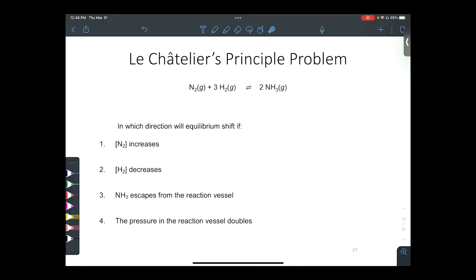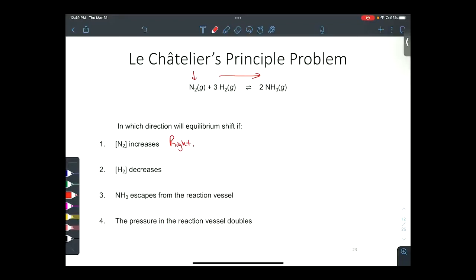If we increase a reactant, which way will the reaction go? To the right. If we add to the reactant side, the reaction will shift to the right, because we're adding more reactants and need to consume some of them, pushing it towards the products.